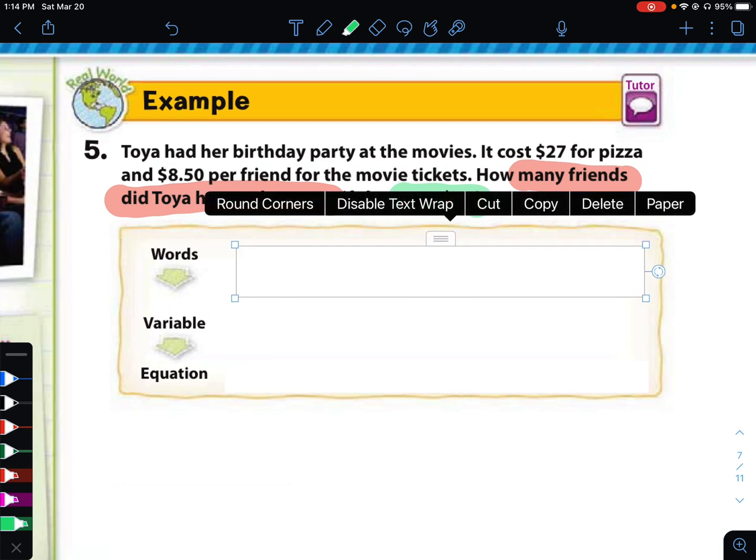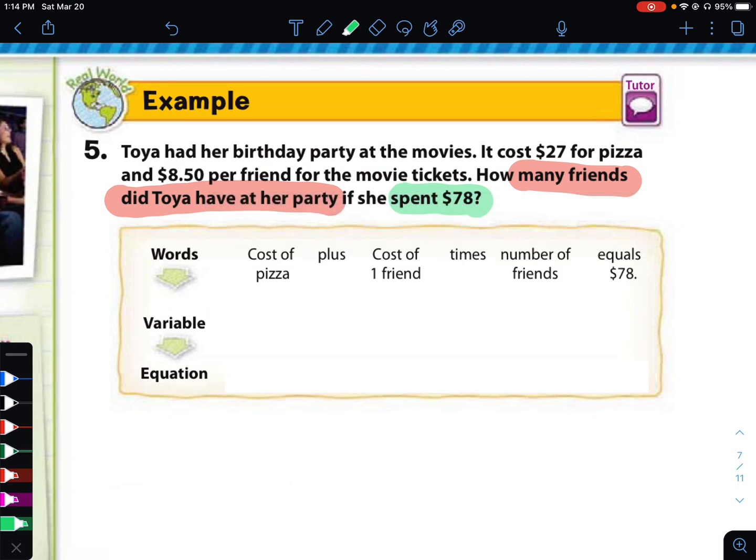So in words, you have the cost of the pizza, plus the cost of one friend times the number of friends equals 78. That's what we want to find out. Again, the cost of the pizza is 27 bucks, and a movie ticket costs $8.50 per friend.